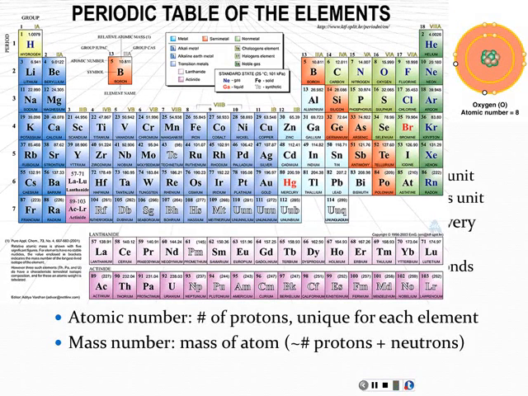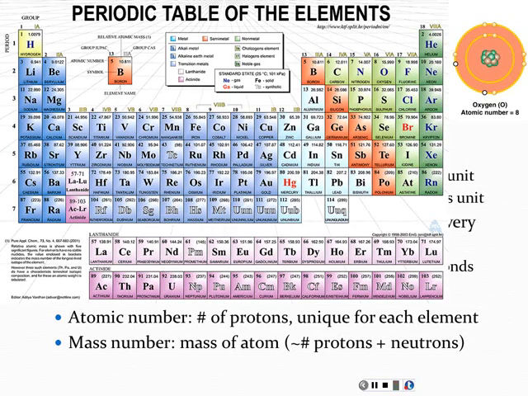What's the mass number? Yeah, 16, if we round up. So we know the number of protons. How many neutrons are there? 8, also 8. How did you get that number?